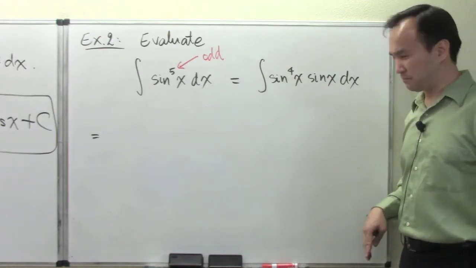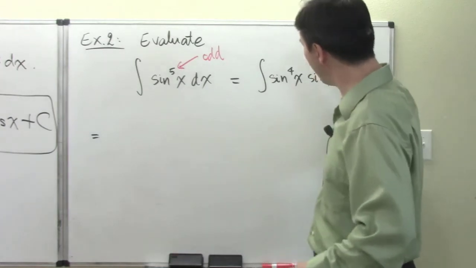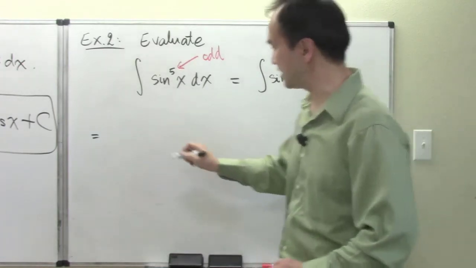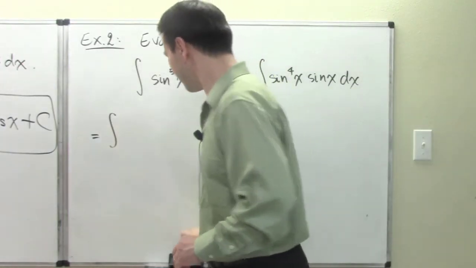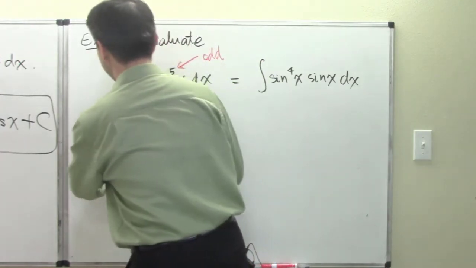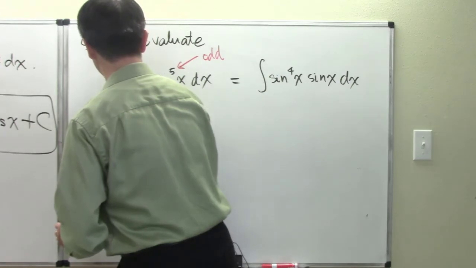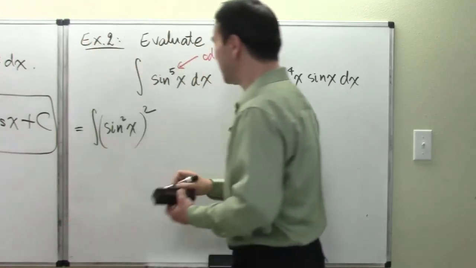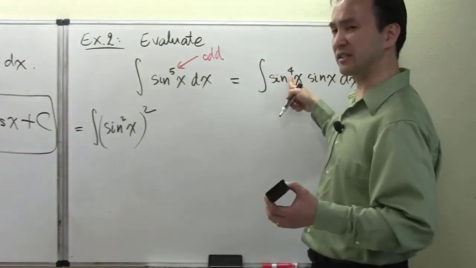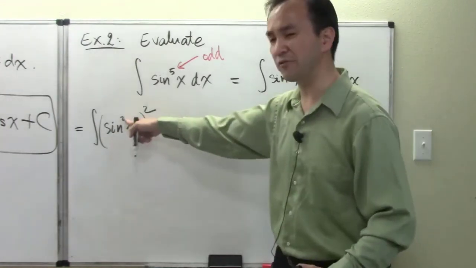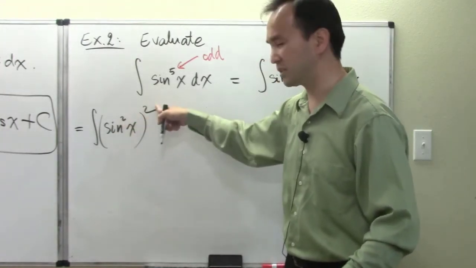So what's the next step? Notice that sine to the fourth is the same as sine squared, squared again. If it's to the sixth, I'm going to purposely write that as sine squared to the third power.